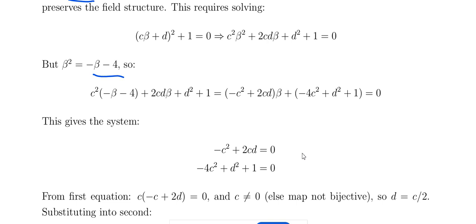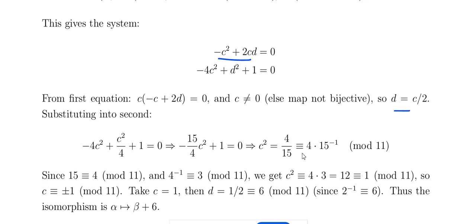Each and every term should be equal to 0, so c into (minus c plus 2d), factorize. Since c is not equal to 0, otherwise the map is not bijective, therefore d should be equal to c by 2.